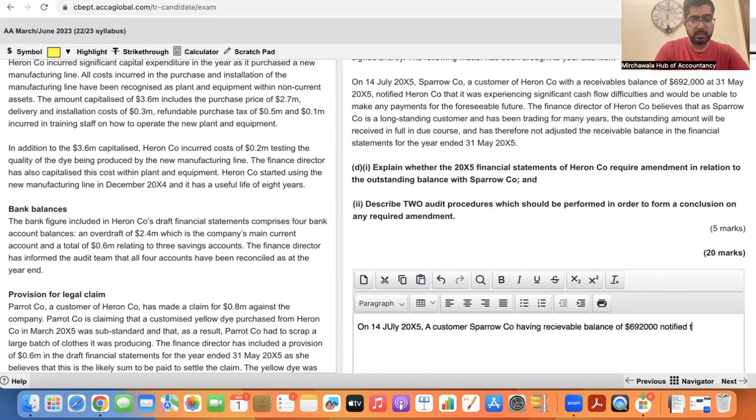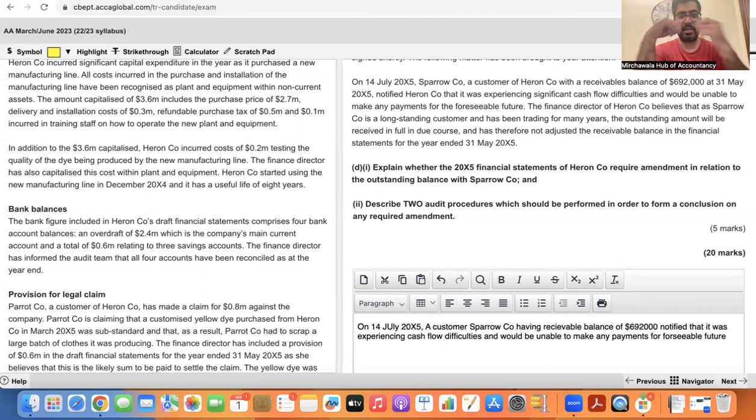notified that it was experiencing cash flow difficulties and would be unable to make any payments for the foreseeable future. Okay.